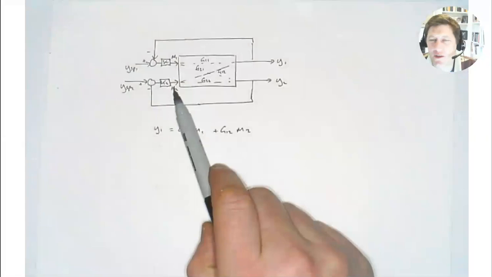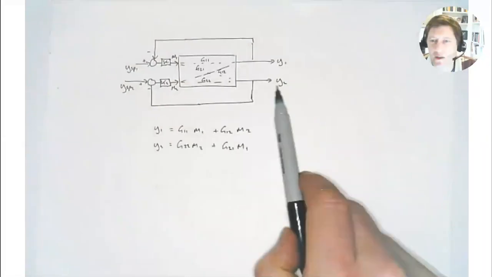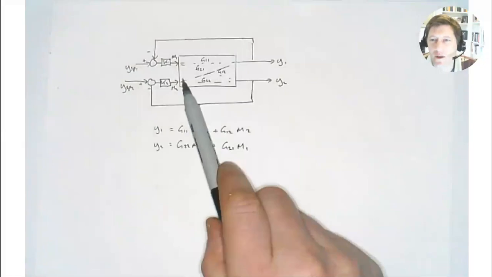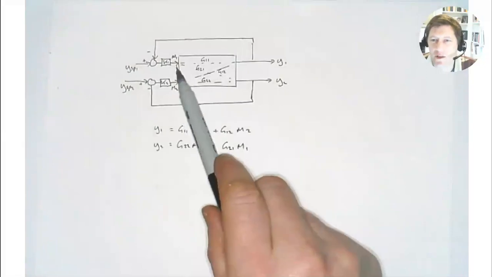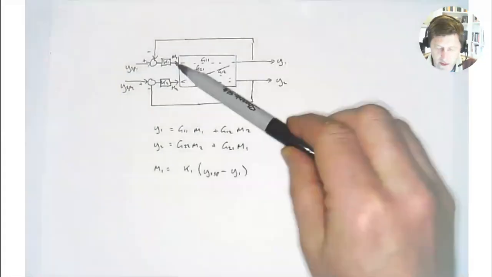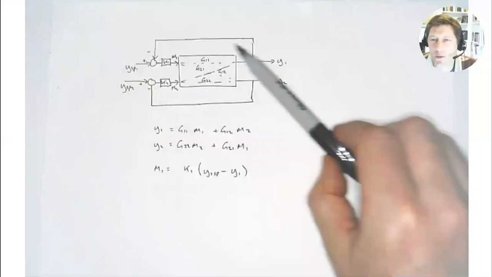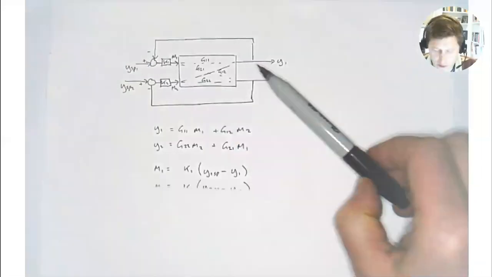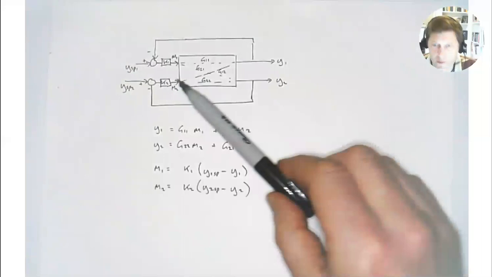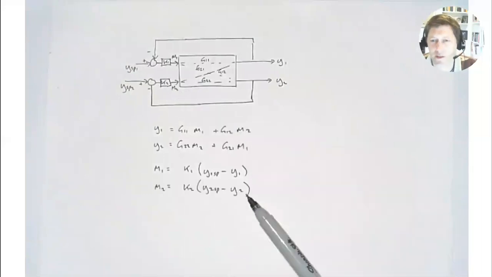So those two things come together to make Y1, and likewise Y2 is equal to G22 times M2 plus G21 times M1. So we've got those two equations, and then we can also look at this point, and M1 is equal to Y1 SP minus Y1, and M2 is equal to K2 times Y2 SP minus Y2.